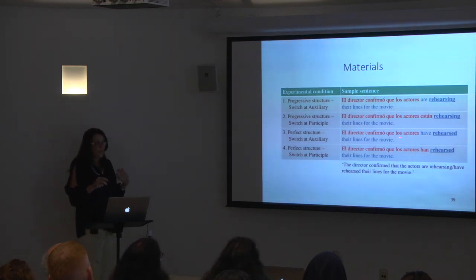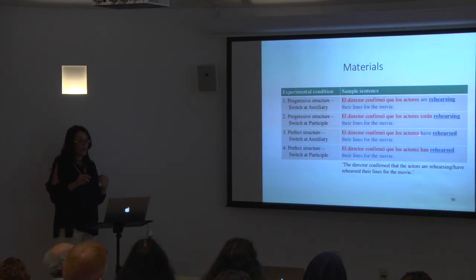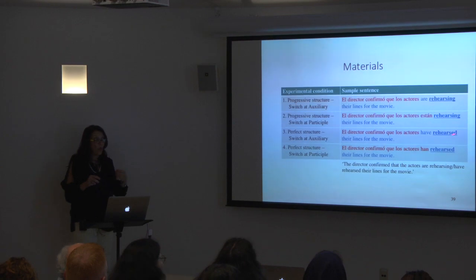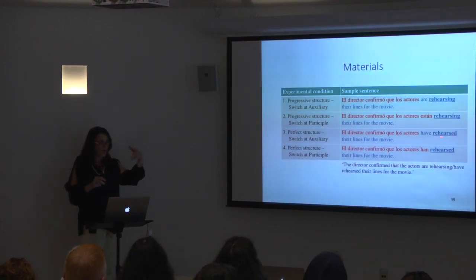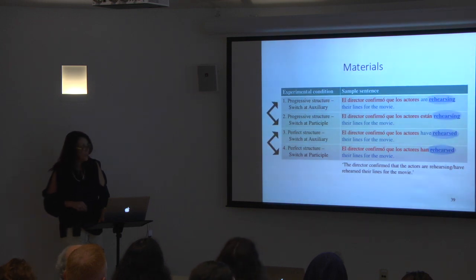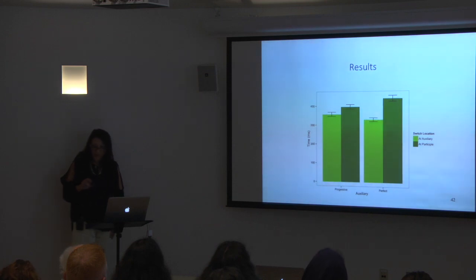And then we had them read sentences such as these, where the code switch occurred at the verb, at the have, and where the code switch occurred at rehearsed. And the prediction here was that if they tune to what happens in their environment, this should be easy and this should be hard. And we recorded eye movements while bilinguals read these sentences. I've already talked to you about what the predictions are, and here are the results.